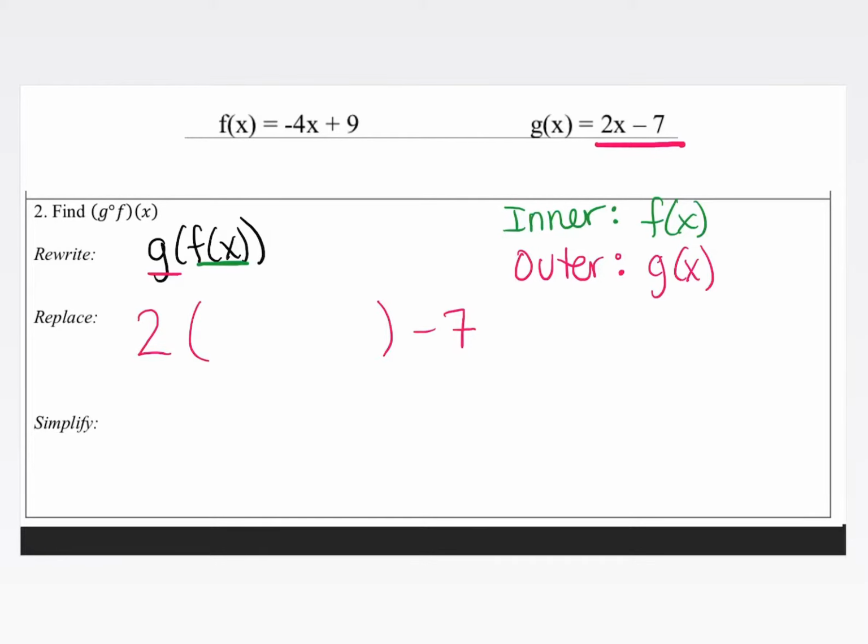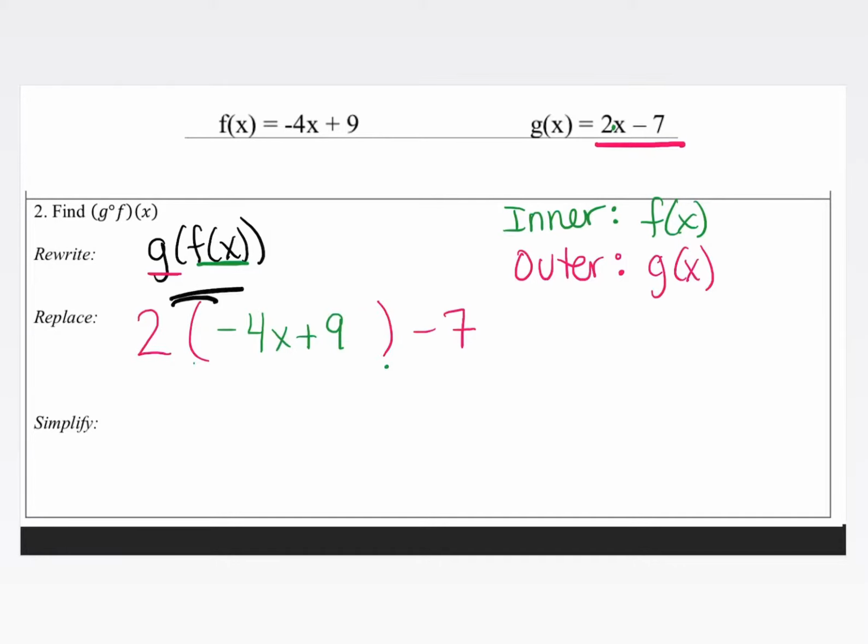So instead of 2x minus 7, I'm going to have 2 times negative 4x plus 9. And I chose specifically to use parentheses because if we look at that original outer function in this case, g of x, this is 2 times x. So these parentheses here also symbolize that multiplication.